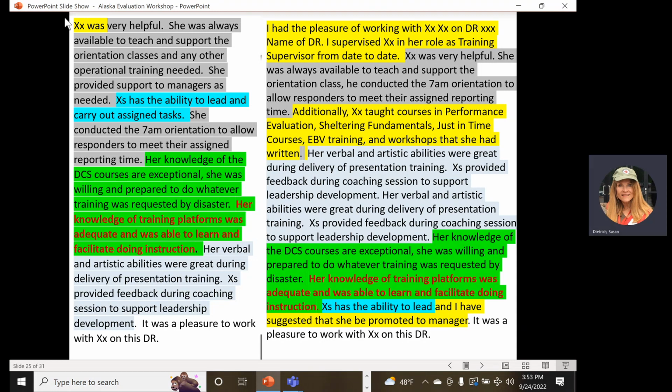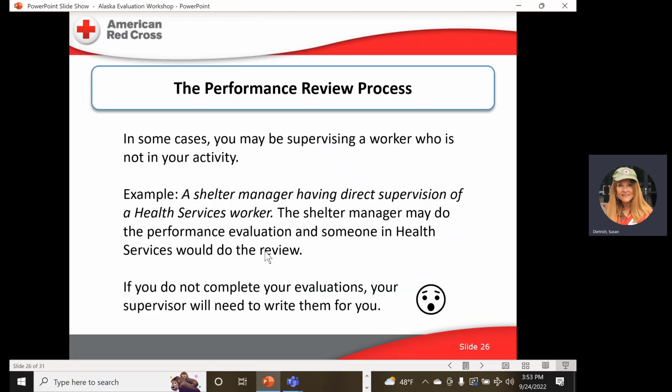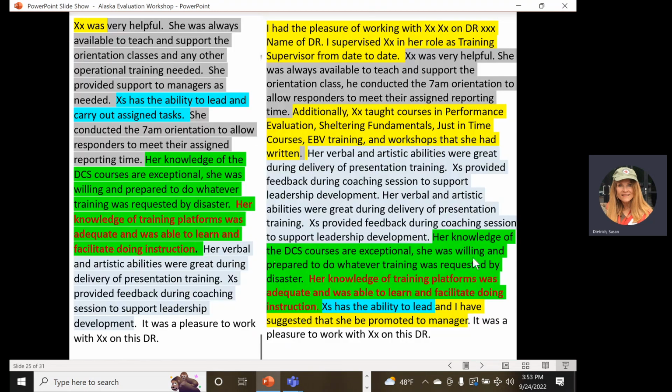Okay, we're pulling all of this information over here and talking about how the teaching went, how she used her verbal and artistic abilities, how the coaching went, what her knowledge is of the courses. But this is a little glitch that she needed to work with.